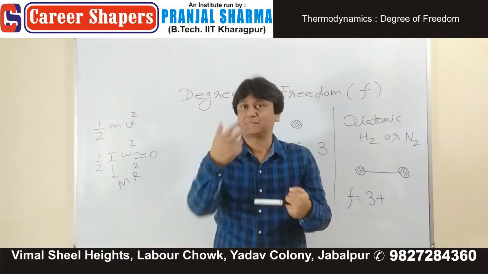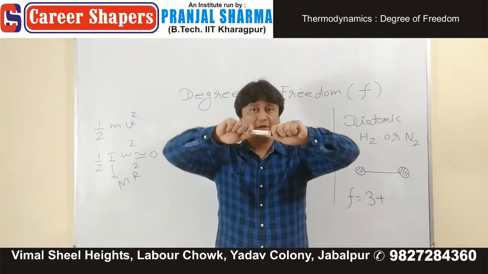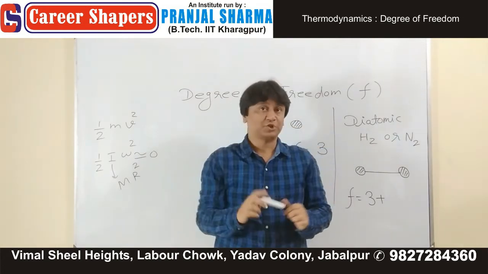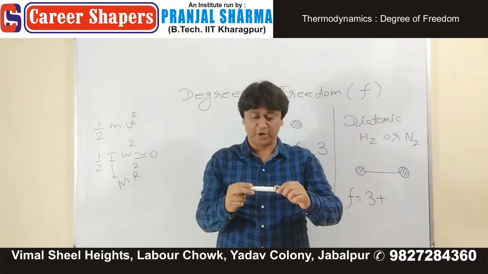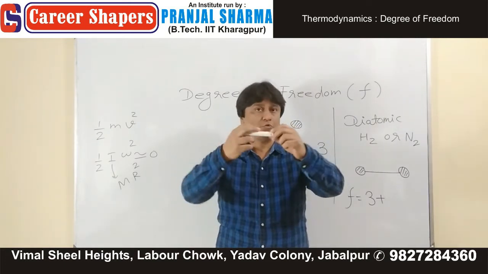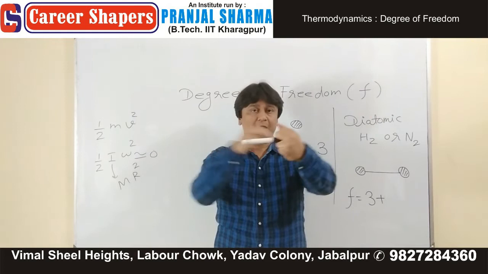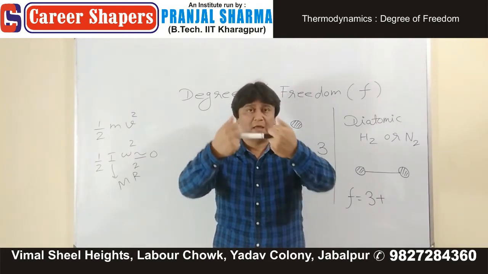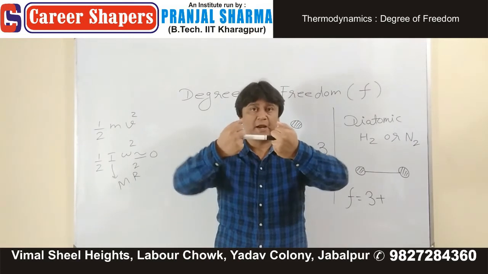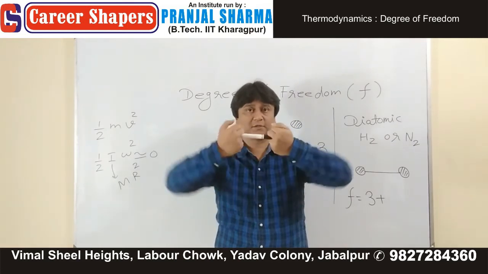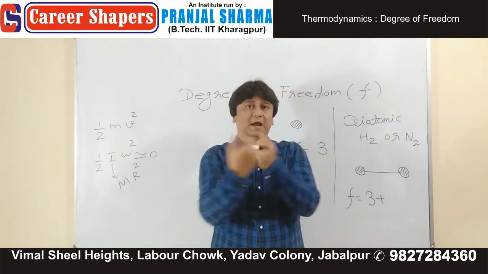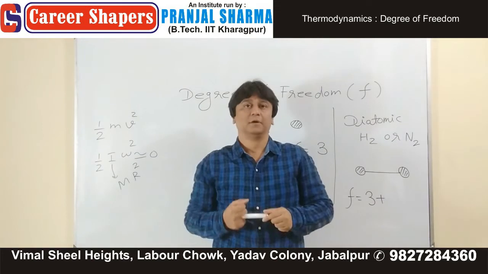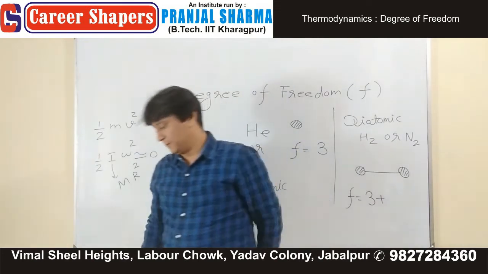There must be x axis rotation also. What is that? This is the x axis rotation. So I'll be asking you a question, and therefore look carefully. You've got two balls connected by a massless rod, which is the bond length, and then the whole body is rotating about the x-axis, about the y-axis, about the z-axis.